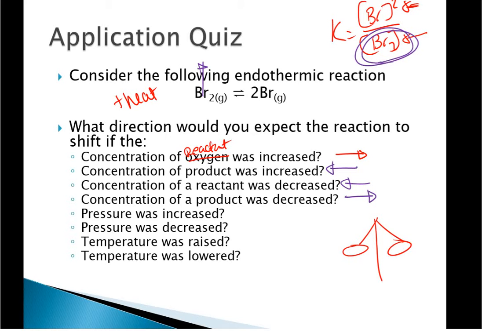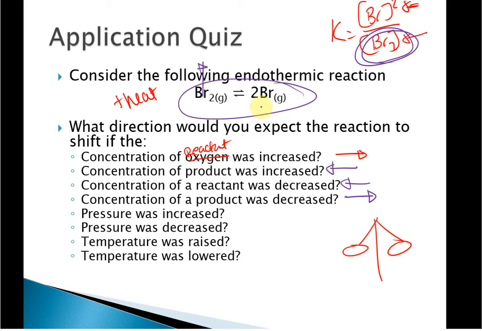In terms of pressure, now guys, if you add an inert gas, nothing's going to happen to the equilibrium. But if you have a closed system and you shift pressure, if you increase pressure, think of it in terms of if you have a certain amount of space, you're going to try and fill it accordingly.